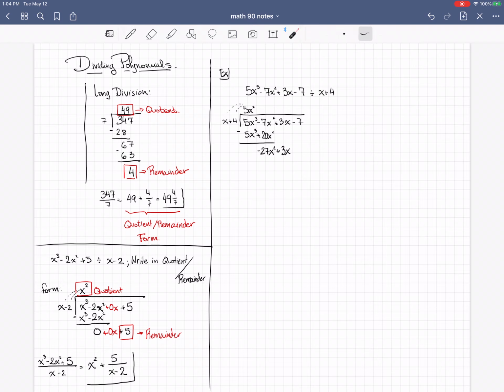Same thing. What would you multiply by x to end up with negative 27x squared? That's minus 27x. So we have, again, distributing. I'm not going to do the little dots because I don't want my picture to get too convoluted, but we have negative 27x squared minus 27 times 4 is 108.